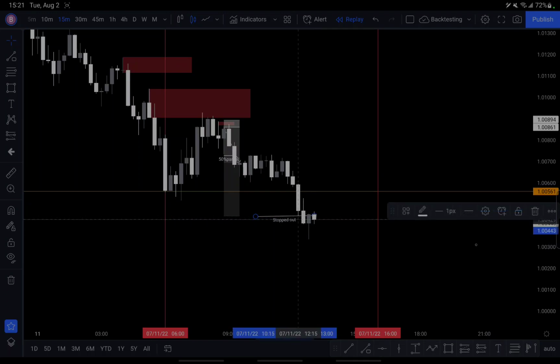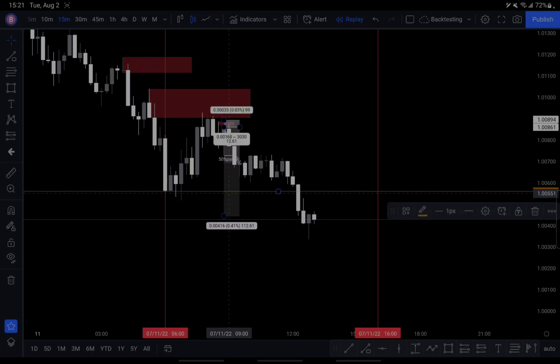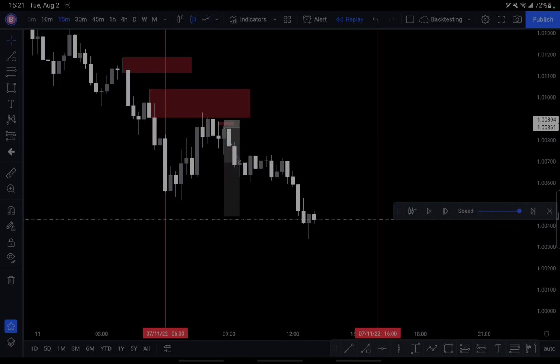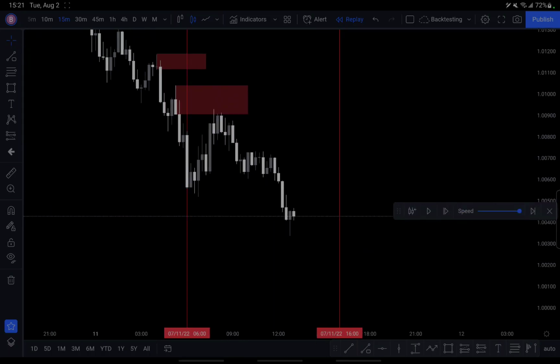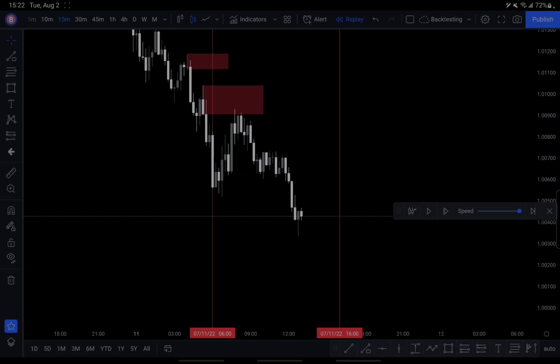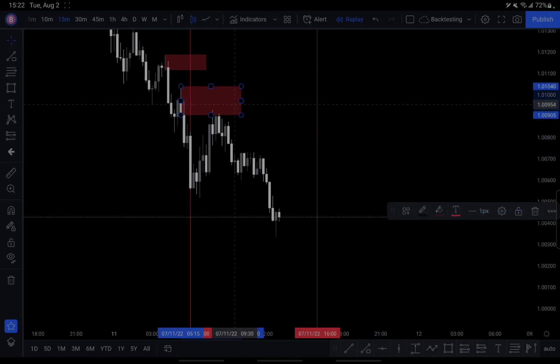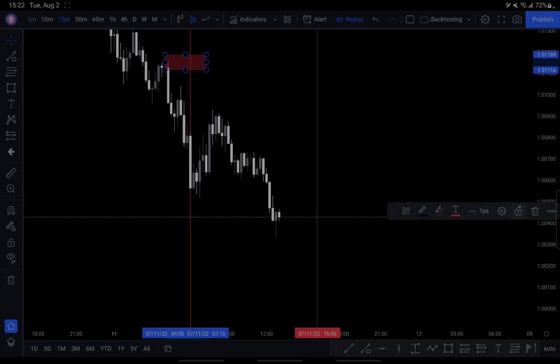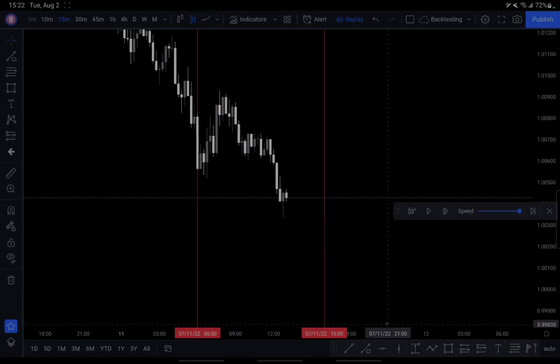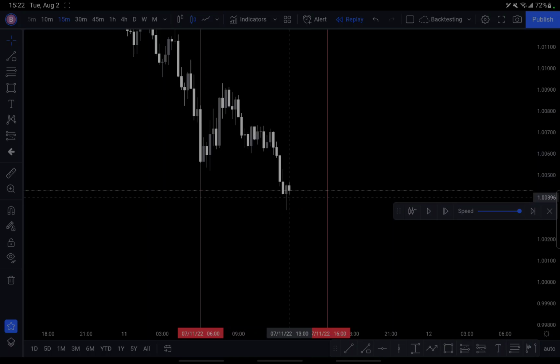Okay, we still have stuff to test. So let me go ahead and erase all this stuff here. Erase this zone here. Okay, price already did hit this zone here. Price wasn't interested in this. So let's see. On our 15-minute, we're breaking structure, right?